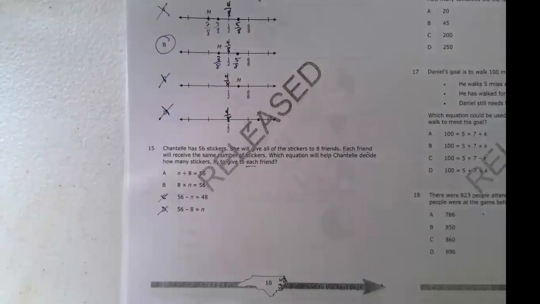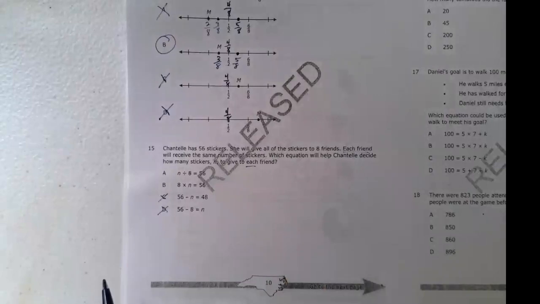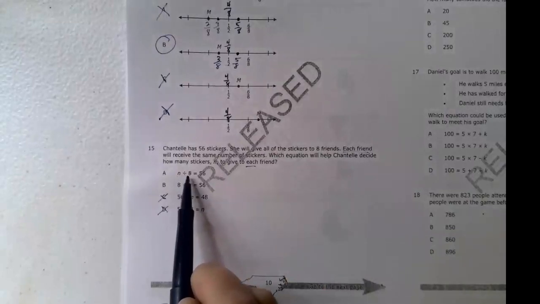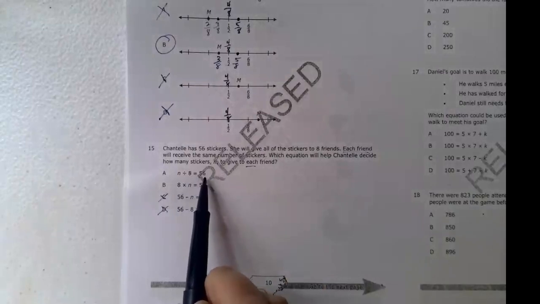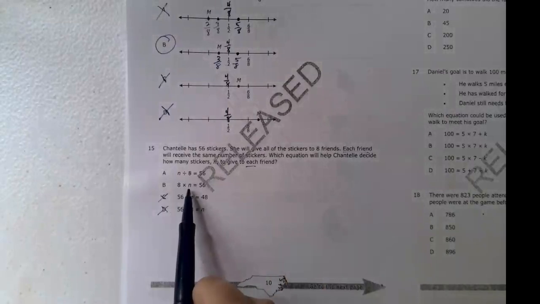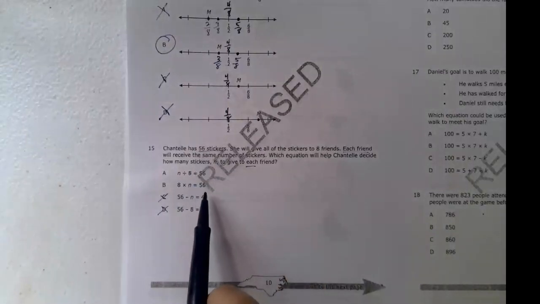So now we think, if N is the number each friend gets, are you going to want to take the number each friend gets, divide it by 8? Are you going to wind up with 56? Is that reasonable? Or can you take 8 friends, give them each the same number, and it totals the 56 stickers?